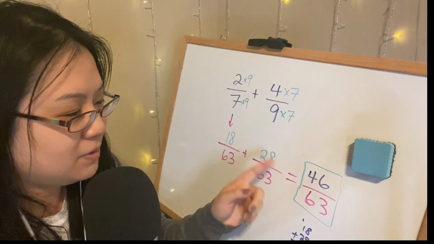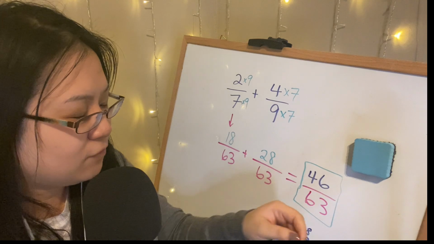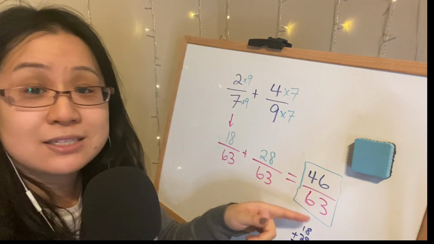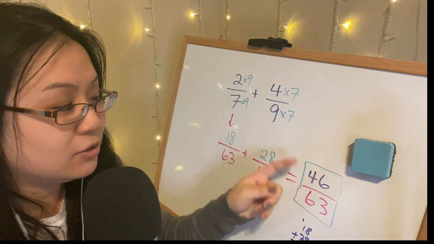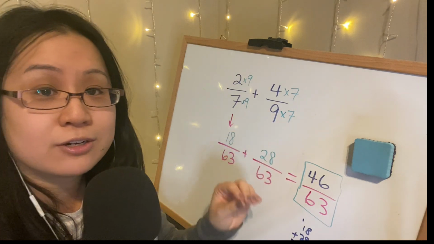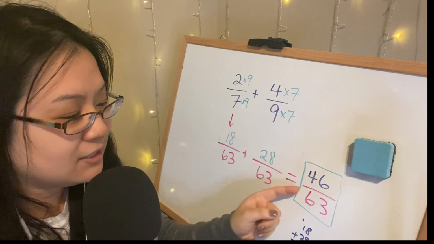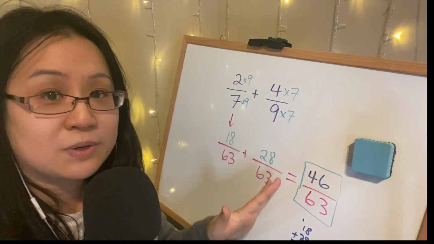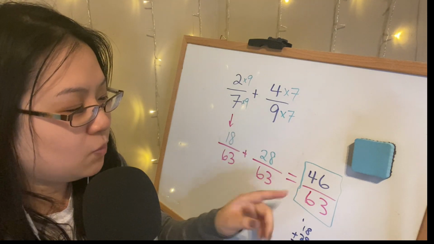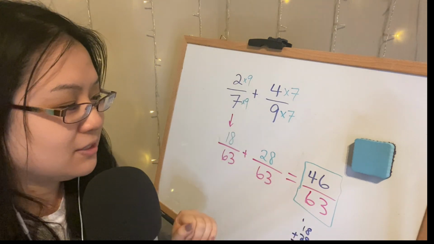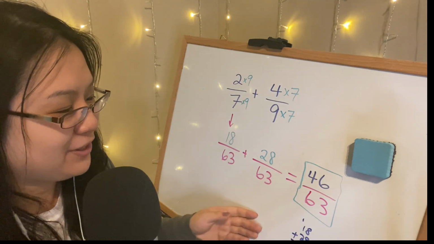I think it's just going to be 1, 2, 23, and 46. And list this out and make sure that there are no factors in common, so no numbers that go into this and this besides 1 without any remainder. And in this case, I'm pretty sure we are good to go.